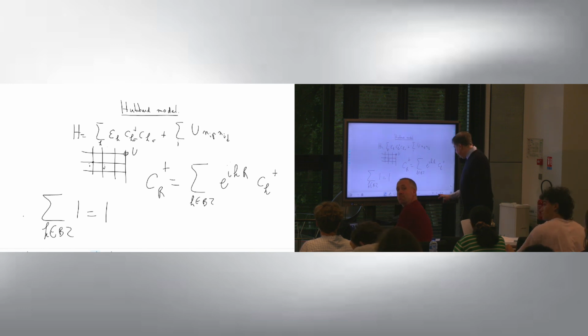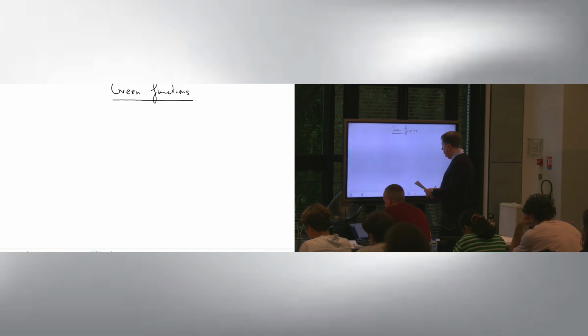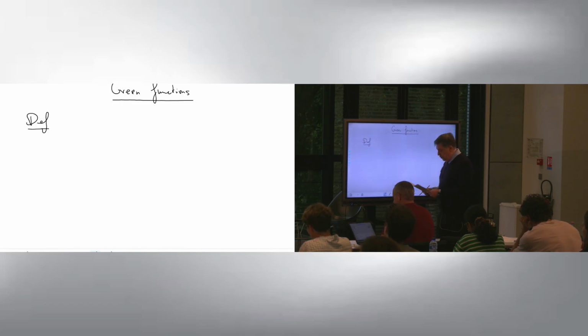Good. Now I can start the real part I wanted to do. Let me start with the Green function. Okay, so now I'm defining the retarded Green function in the following way.